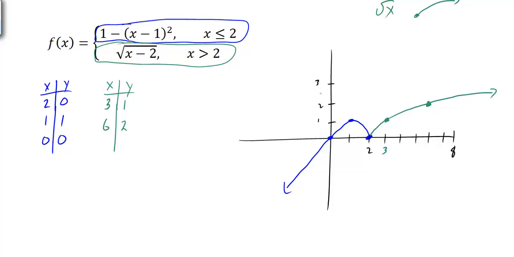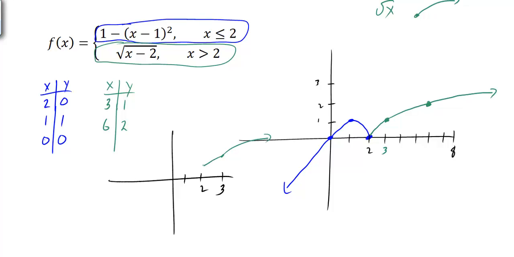And because of the other function, it actually fills that in. So, for example, if we were just looking at this bottom function, and I want you to understand this here, what's happening at 2 is, here's our graph.